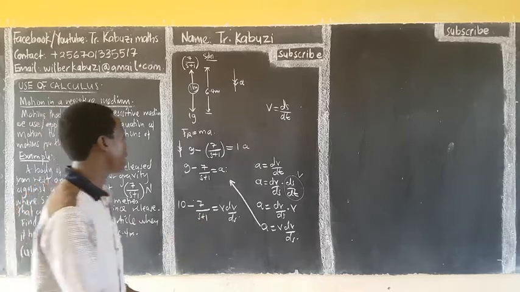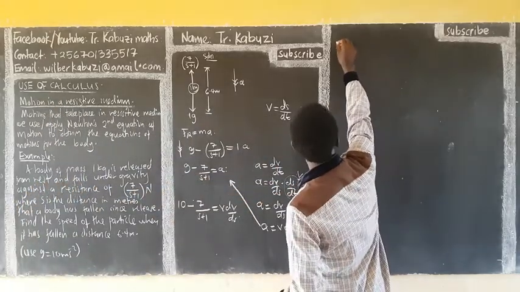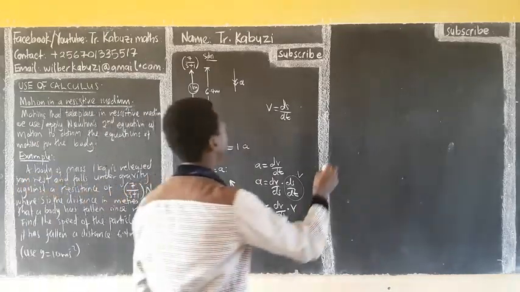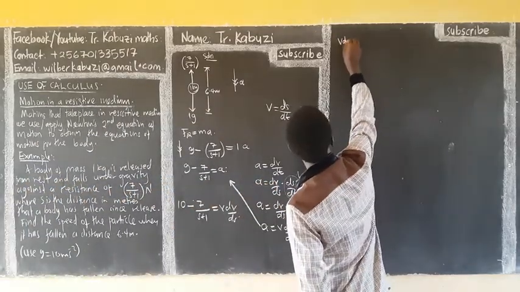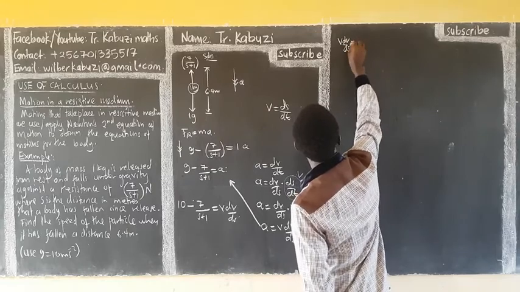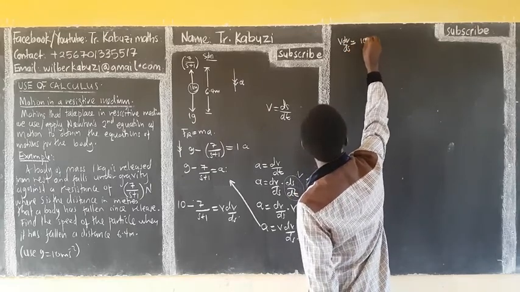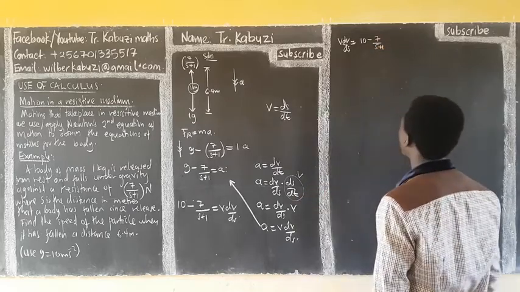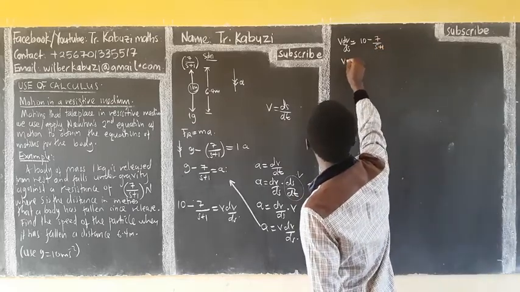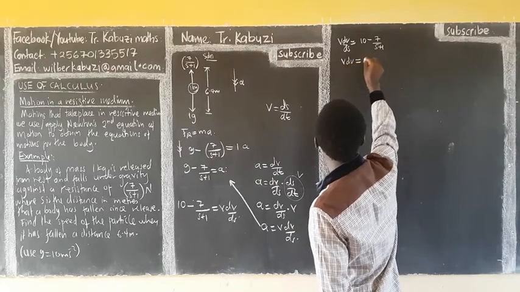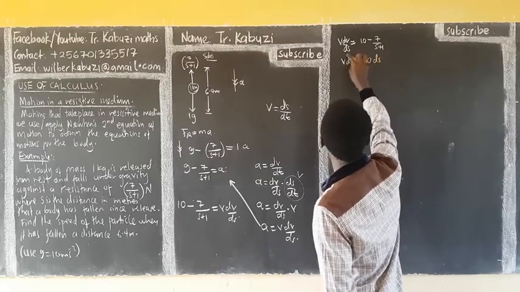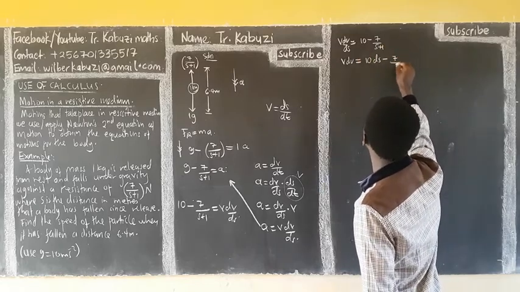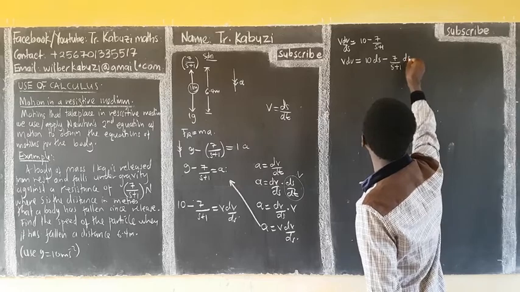If I write this as v dv ds equal to 10 minus 7 over S plus 1, and I cross multiply, I'll have v dv equal to 10 minus 7 over S plus 1 ds.